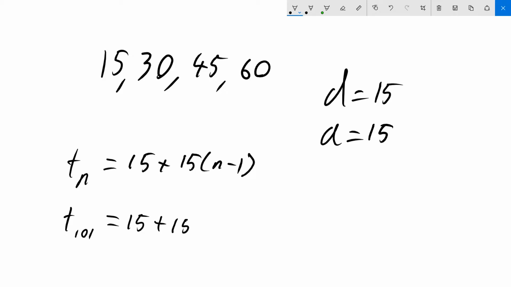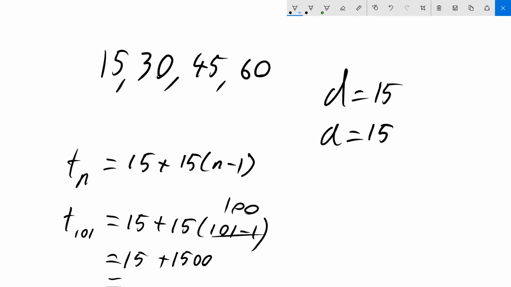It will be this, right? We've just subbed in the n here. We'll work out this, that's 100. 100 times that, that's 1500. Plus 15. Which is just 1500 and 15. And that's our 101st term.